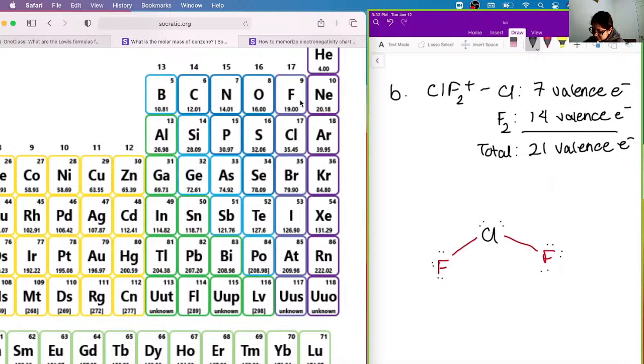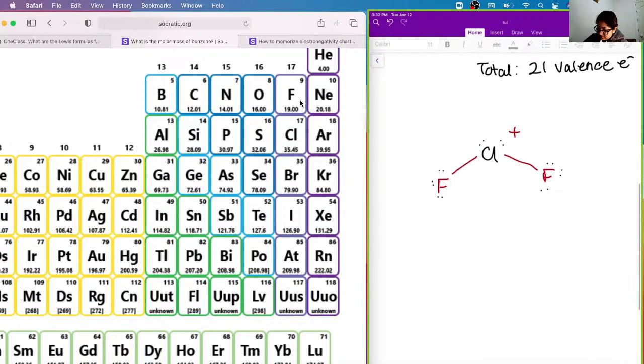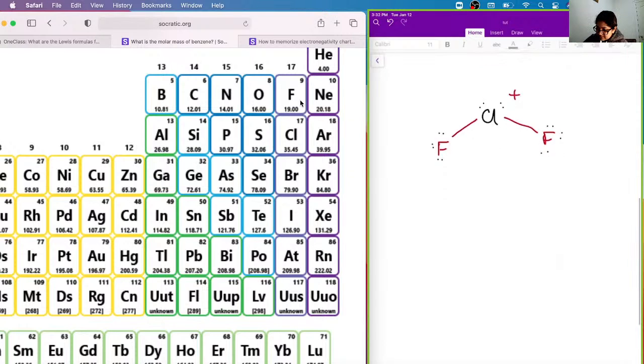So we have 20 being shared, right? And so what we can say is that this structure also has a formal charge of +1, since we're missing 1 valence electron that is not being occupied. Okay? So this is how the structure looks.